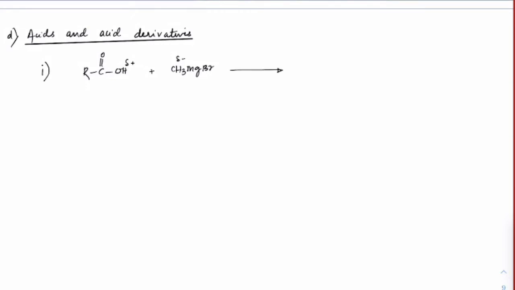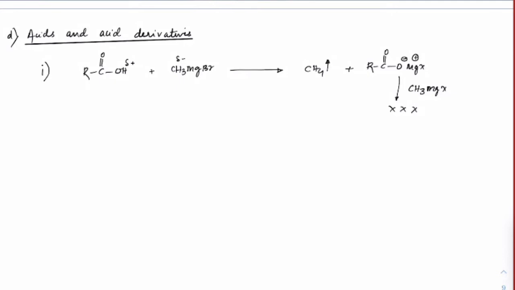So the reaction will go mostly as acid base reaction, and it will form RC double bond O minus MgX plus. Now RC double bond O minus is highly resonance stabilized. So if you treat that with further CH3 MgBr also, no reaction will take place. So with carboxylic acid, Grignard's will only give acid base reaction.